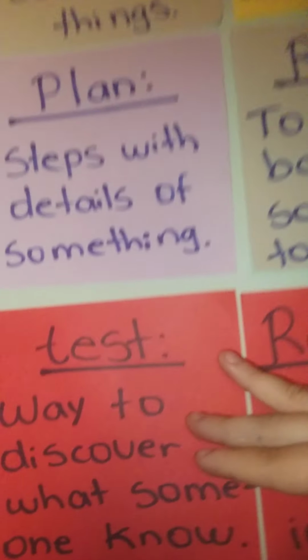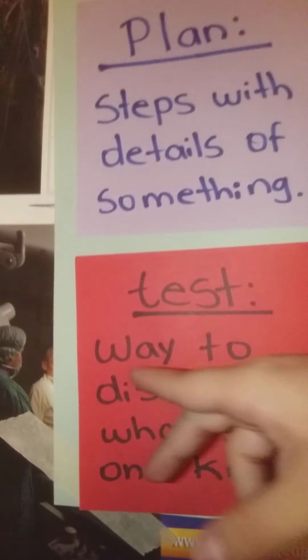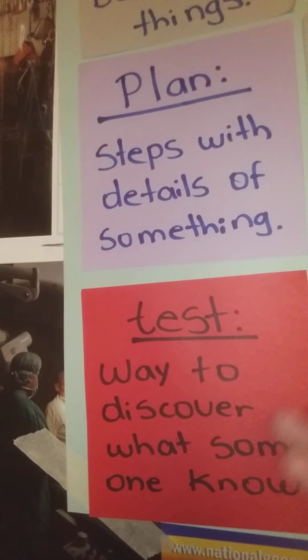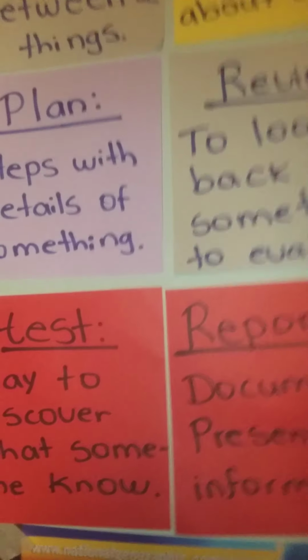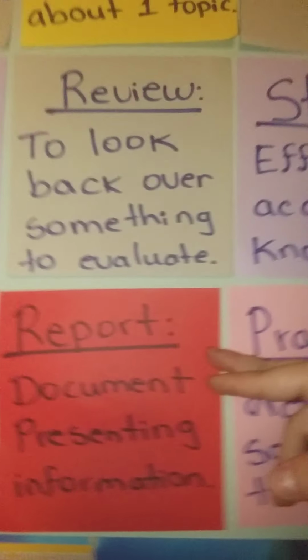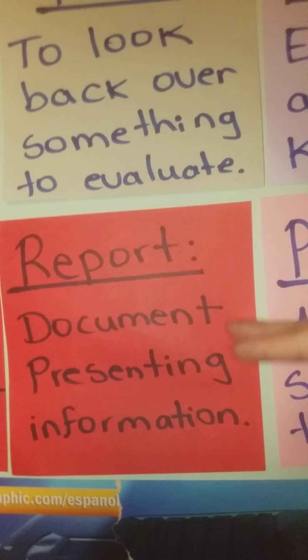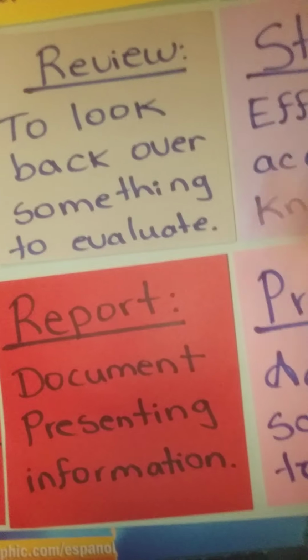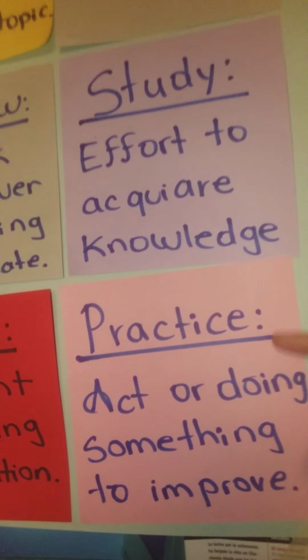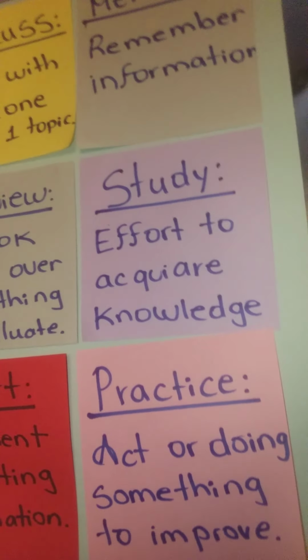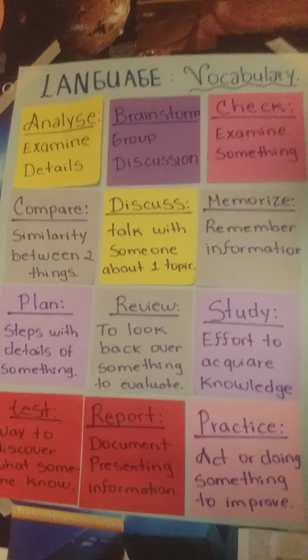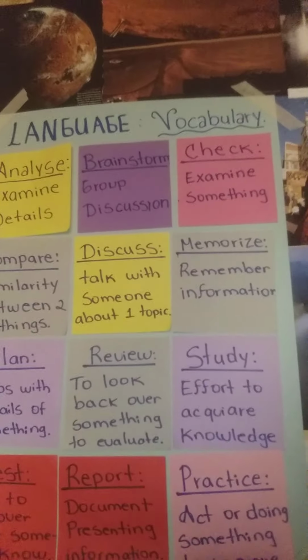We have the word test, that is a way to discover what someone knows through activities or exercises. We have report, that is a document presenting information in an organized way. And the last one, we have practice, that is the act of doing something in order to improve. And you need to copy that.